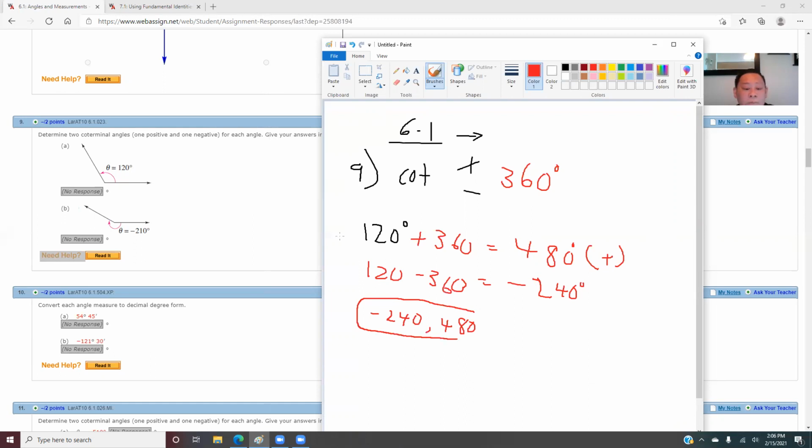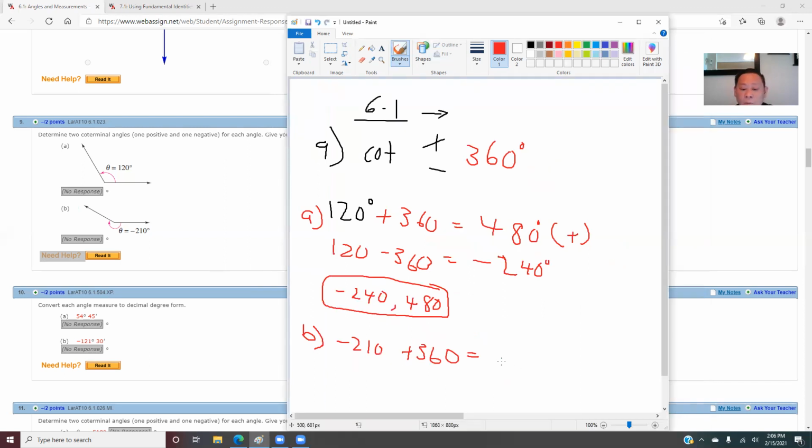For the bottom one, it will be negative 210 plus 360. Nope. How come? Because negative 210 is given to you, so you have to give another one. To find the positive one, you add 360. So you get what? This is the positive one.